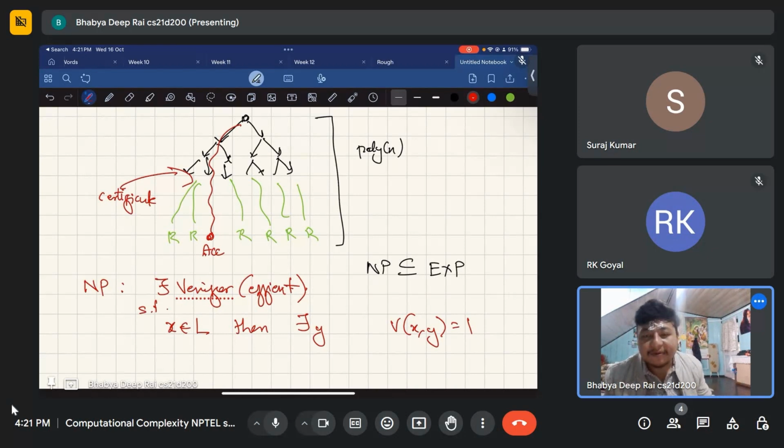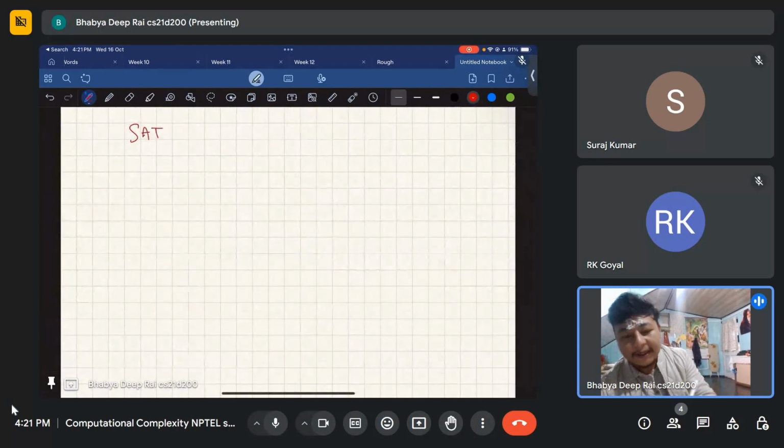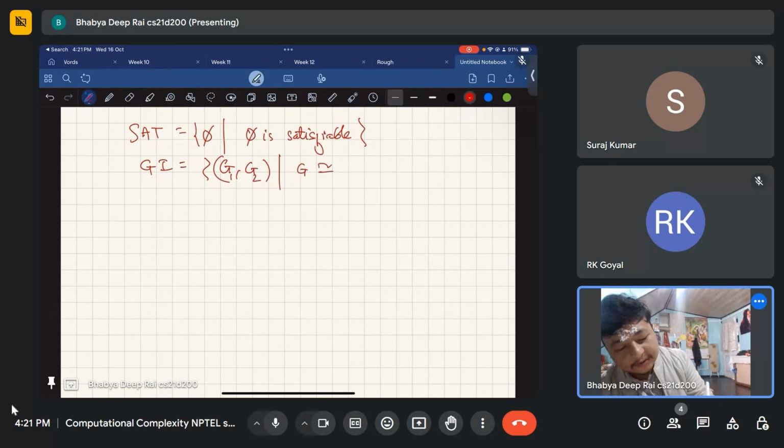Now I can have several NP problems, for example satisfiability: checking if a formula is satisfiable or not. And similarly, you have graph isomorphism: given two graphs G1 and G2, is G1 isomorphic to G2? But what is the certificate here?